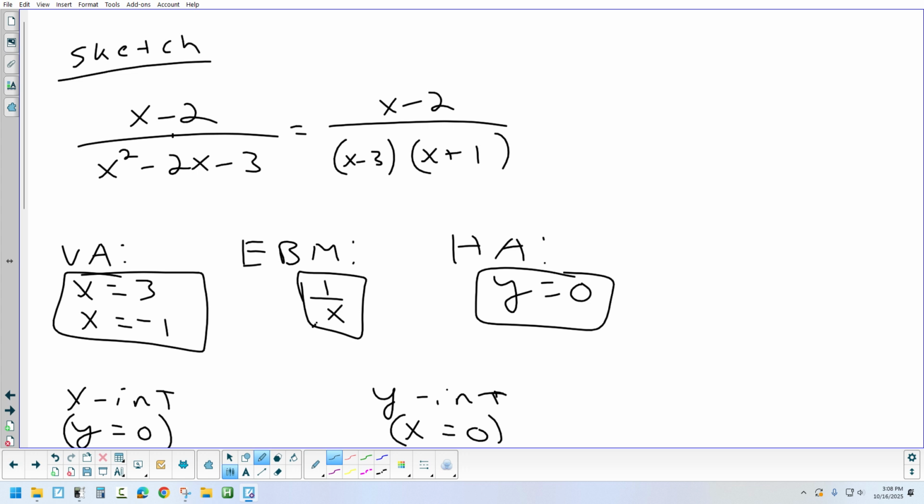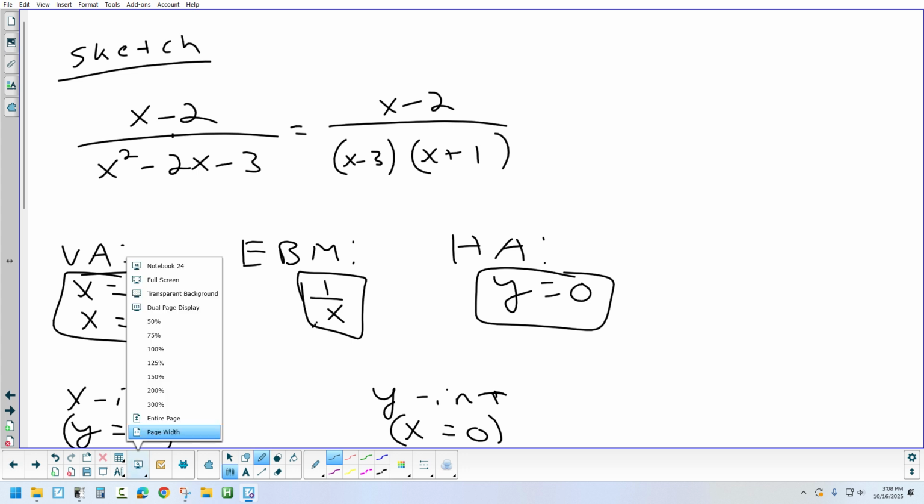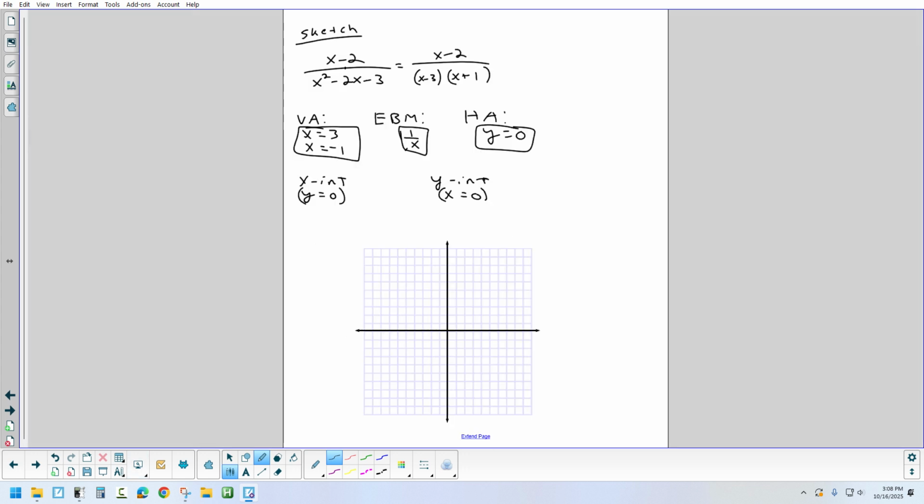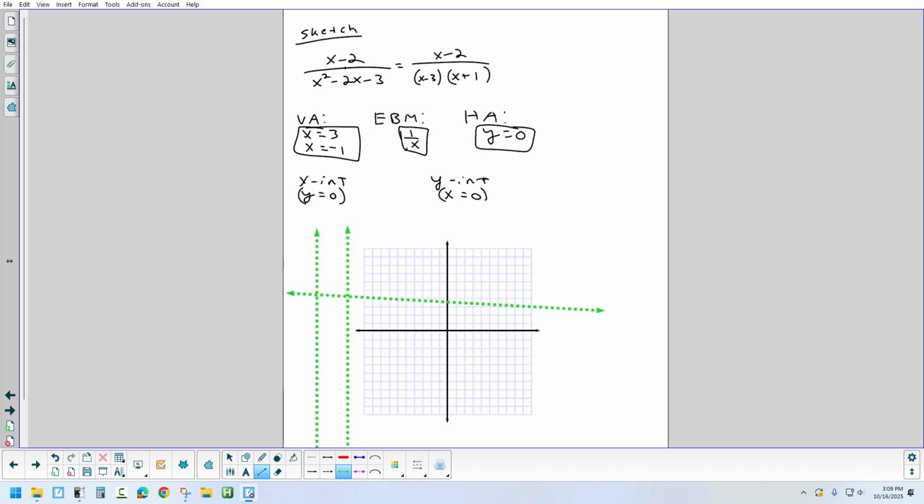Okay, let's graph all those. So we've got vertical asymptotes at 3 and negative 1, and a horizontal at 0.